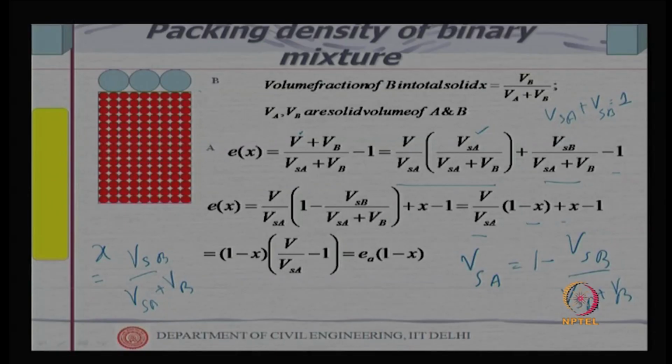If I take 1 minus x common, I will get V by VSA minus 1. This is by definition EA, the void ratio of A alone.